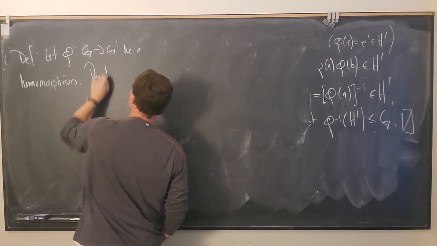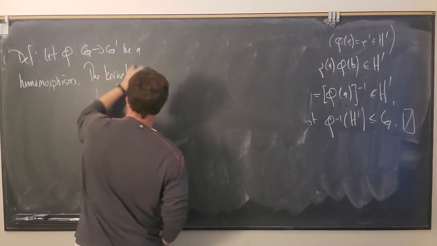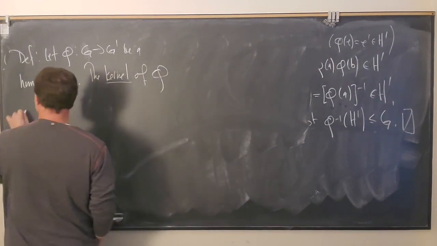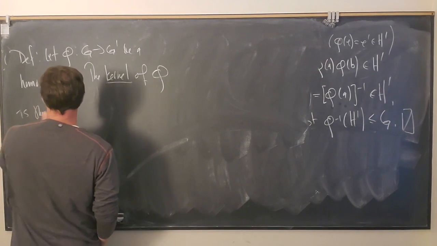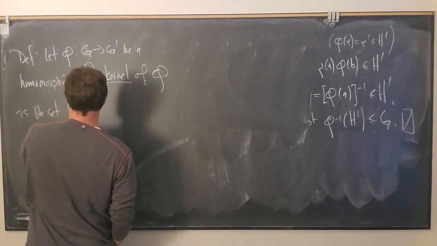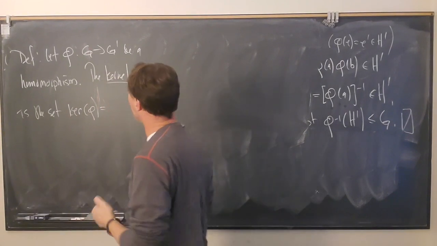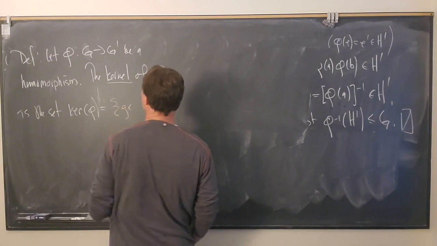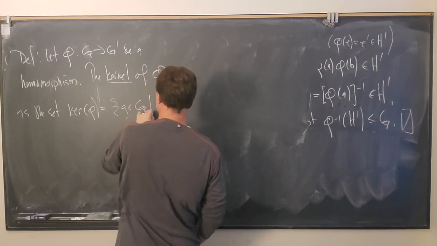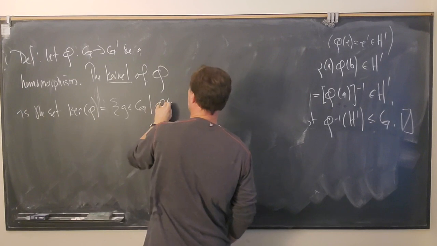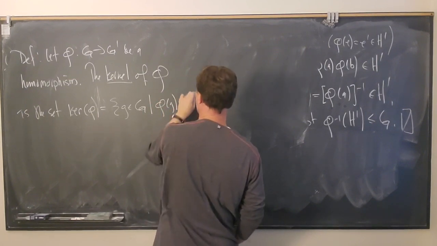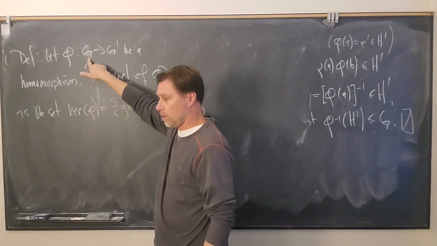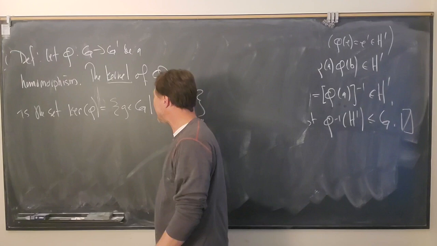The kernel of phi, which we would just write as ker of phi, is the set of all little g in capital G such that phi of g is equal to e prime. So it's the set of all elements in the domain that get sent to the identity in the codomain.